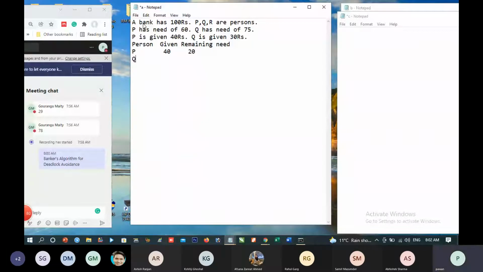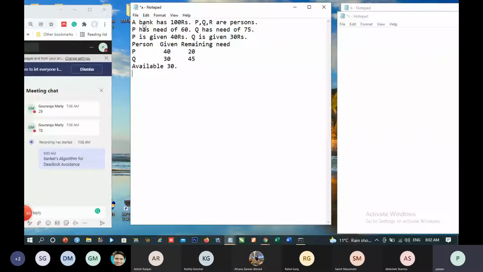Person Q has been given 30 rupees and the remaining need is 75 minus 30, 45. And the available amount with the bank is, he has given 40 and 30, so 30 rupees are now available. So this is the situation at present.